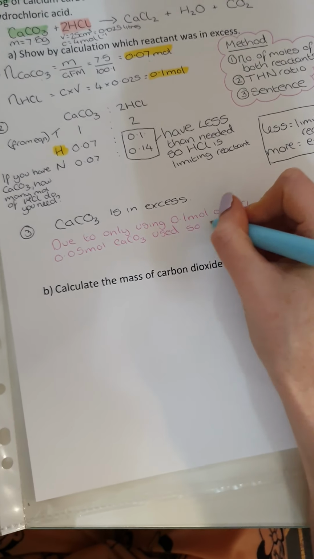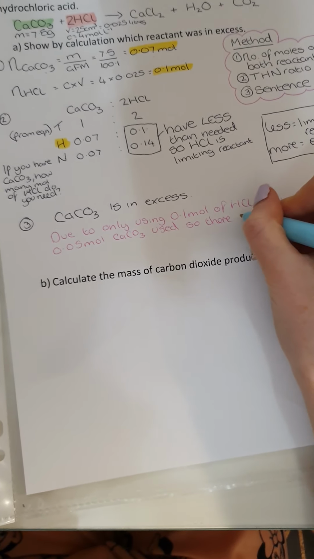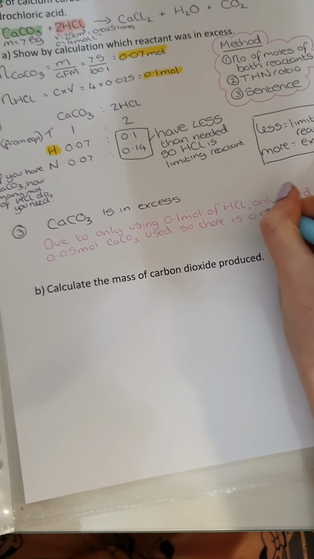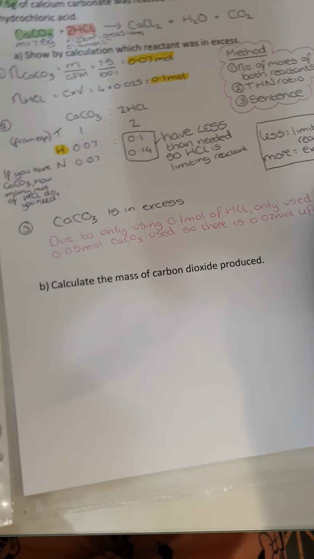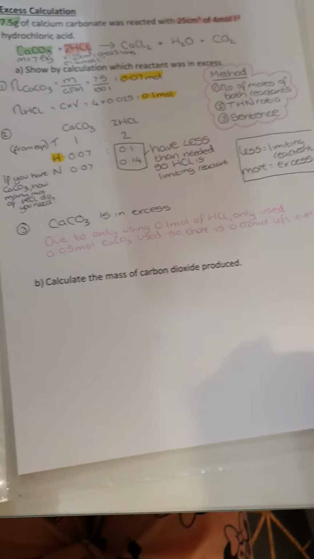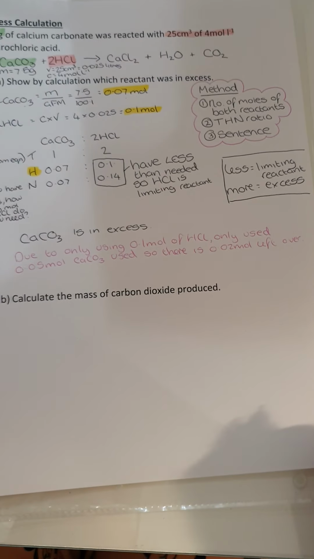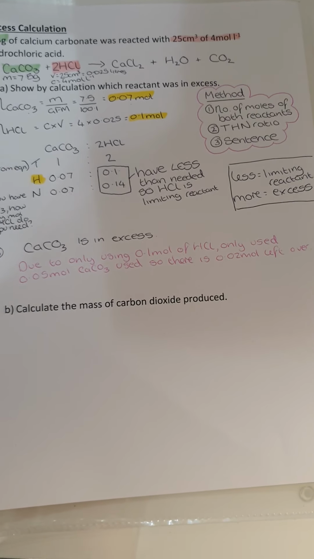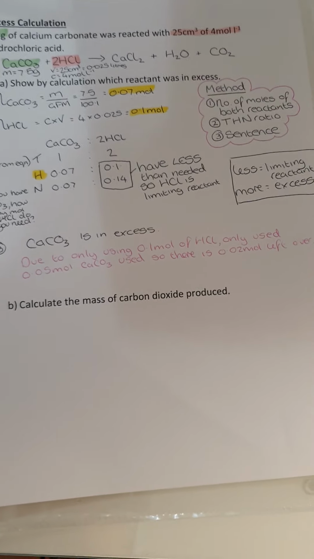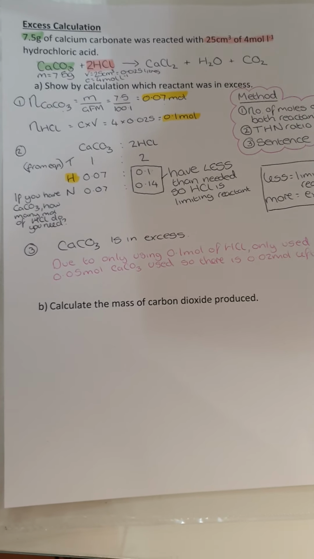So there is 0.02 moles left over. So that is your excess. I know it's 0.02 because I had 0.07. I only used 0.05, so that is how much I left over. So that's that question finished.